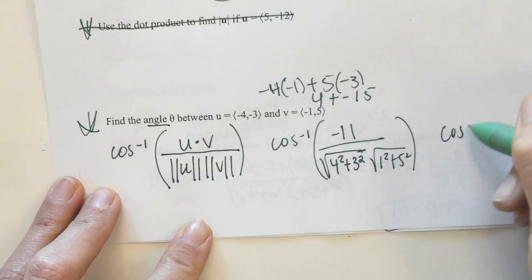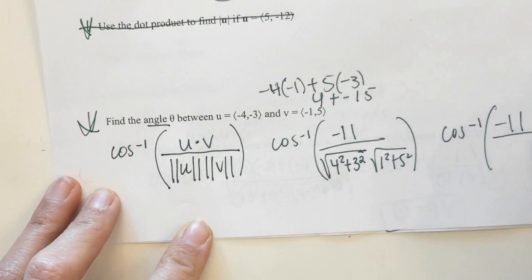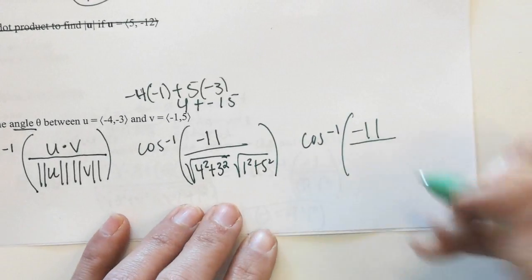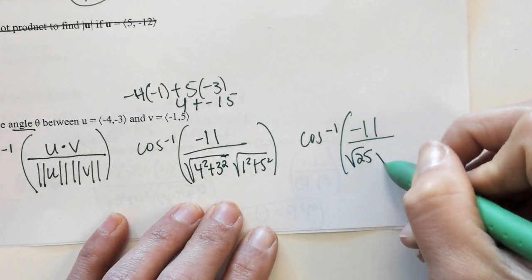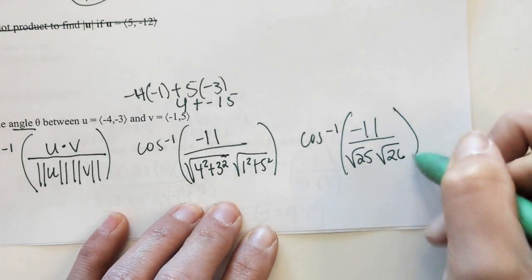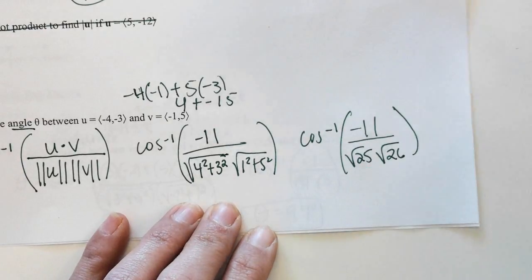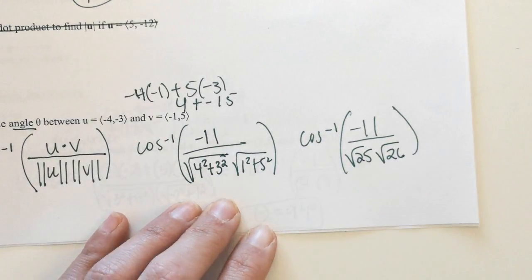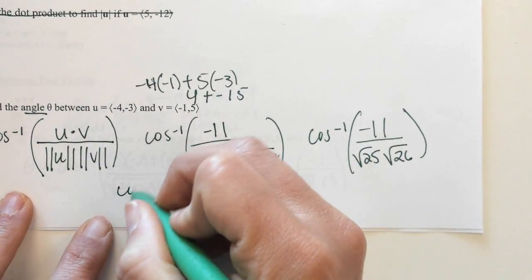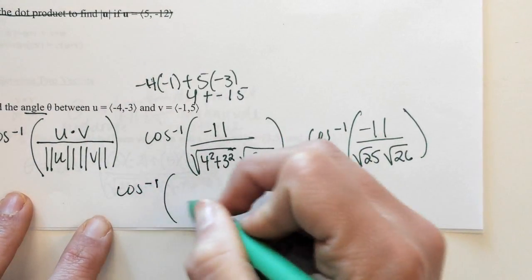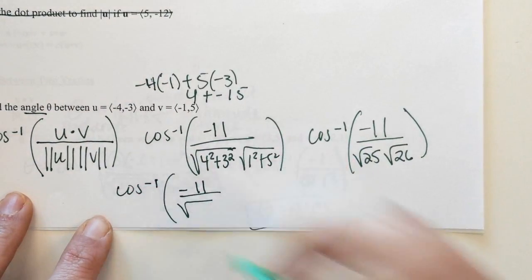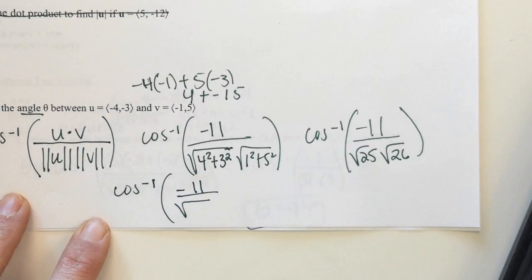So that's cosine inverse negative 11 over the square root of 25 and the square root of 26. Now you could either change this to 5 or leave it as the square root of 25. Doesn't really matter which one. So what'd you get when you multiply them together? 25 times 26. That's fine.